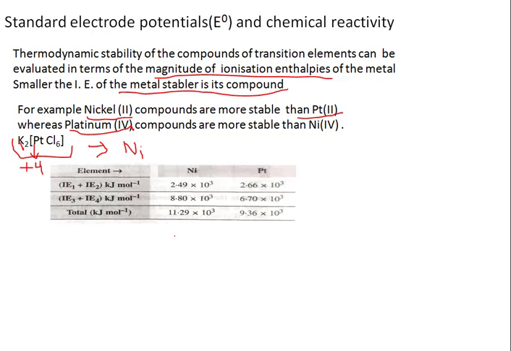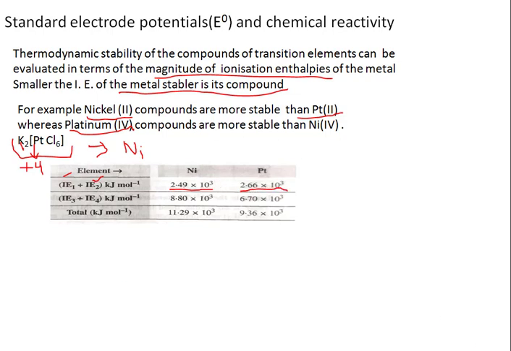So this table is given and the magnitude of first and second ionization enthalpies of nickel and platinum is given. So first two ionization enthalpies of nickel, that is 2.49 into 10 raised to power 3 kilojoules per mole, and for platinum it's 2.66 into 10 raised to power 3.